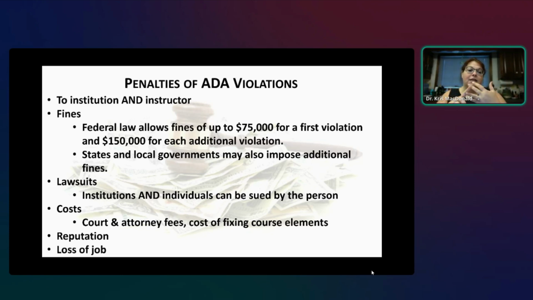They can add in other sanctions like, you're not in compliance, we're going to revoke some of the college's accreditation. Institute organizations can get involved. It can get really gross.